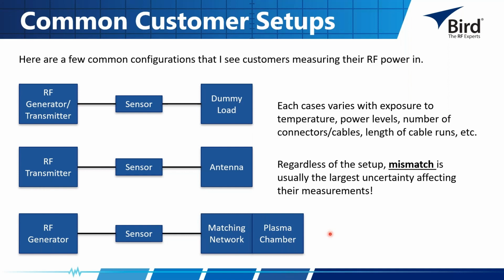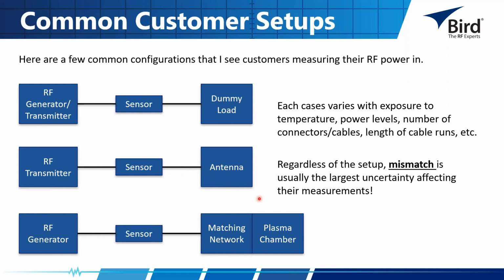The big thing I keep in mind here is each of these cases is going to vary with their exposure to ambient temperature, what kind of power you're outputting from your generator transmitter, and what kind of connectors and cables you're using. Are they high precision? How many connectors and cables do you have in your system? Something like a transmitter running to an antenna could easily be a 100-foot run between the sensor and the antenna.